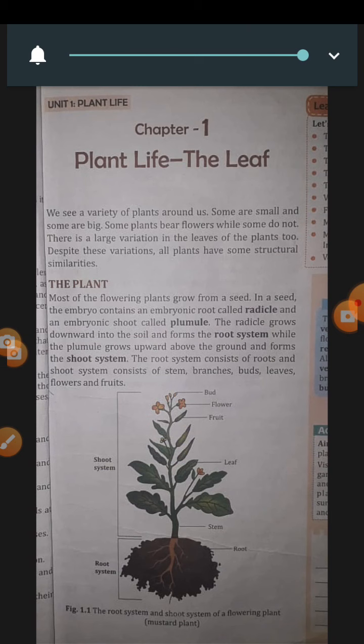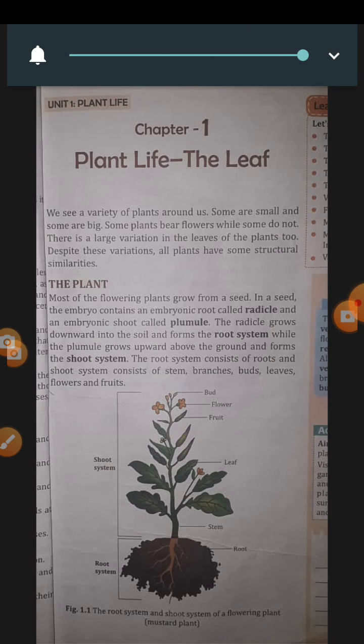So this root system contains root and shoot system consists of stem, branches, buds, leaves, flowers and fruits.